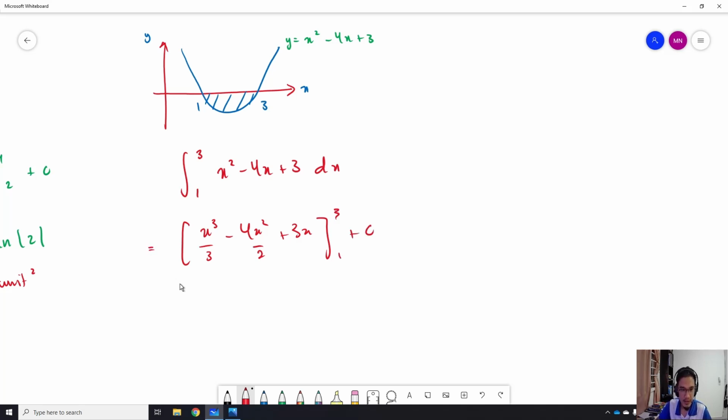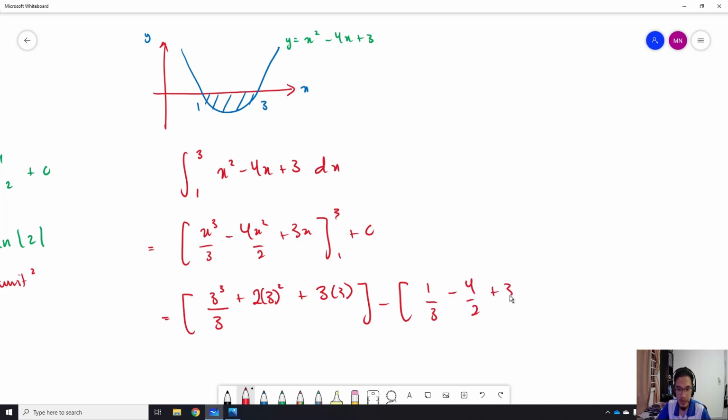Alright, and then we substitute 3 cube over 3 minus 4 over 2 times 3 square plus 3 and 3, minus 1 over 3 minus 4 over 2 plus 3, and it becomes negative 4 over 3.